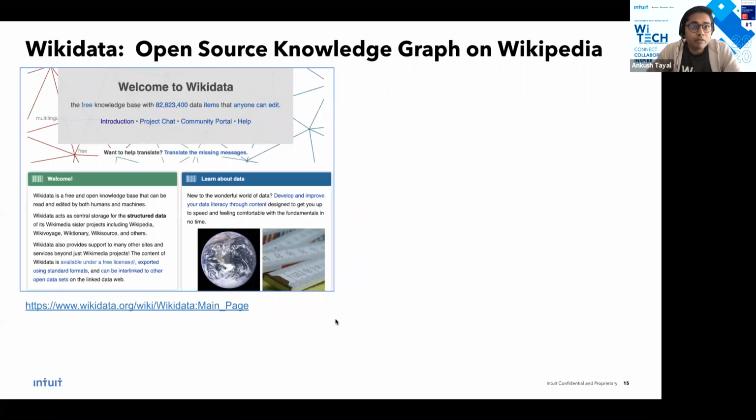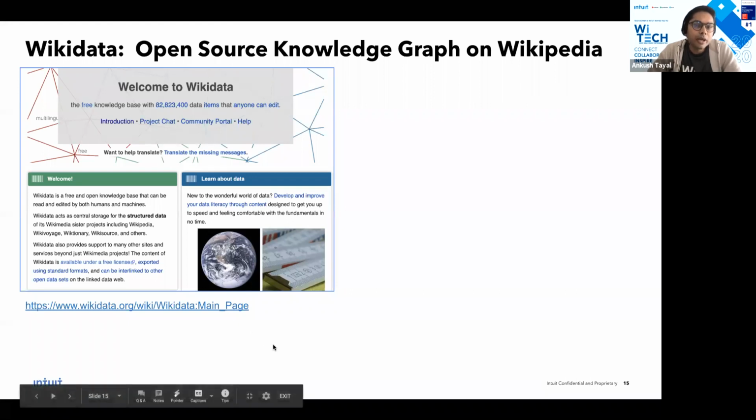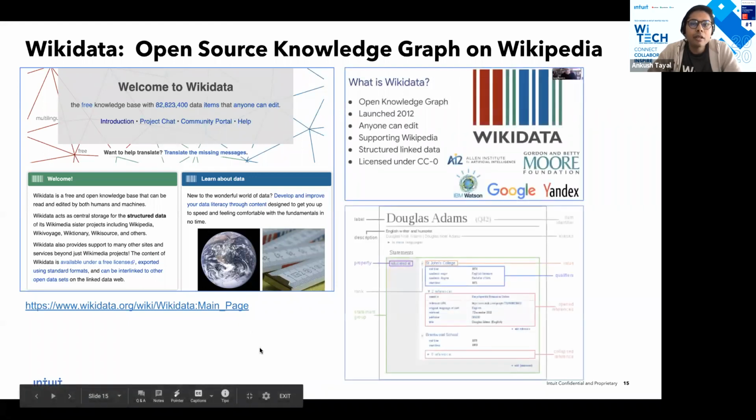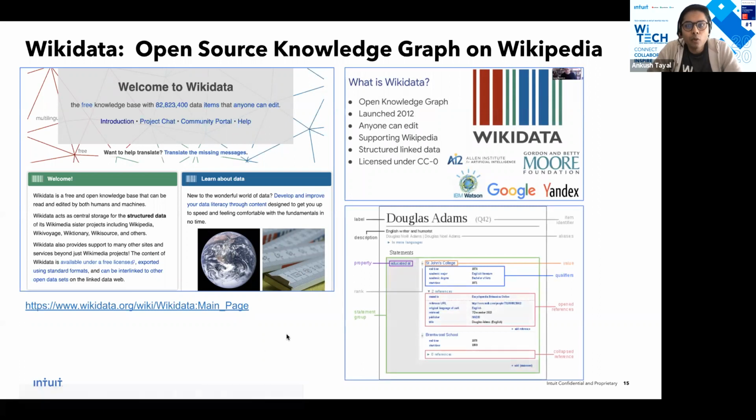Another quick example of a knowledge graph is Wikidata. It's basically an open source knowledge graph based out of Wikipedia textual data, which we have gathered over years and years of humans adding data onto Wikipedia. So it's a great structured data set wherein you and I can go and edit the schema.